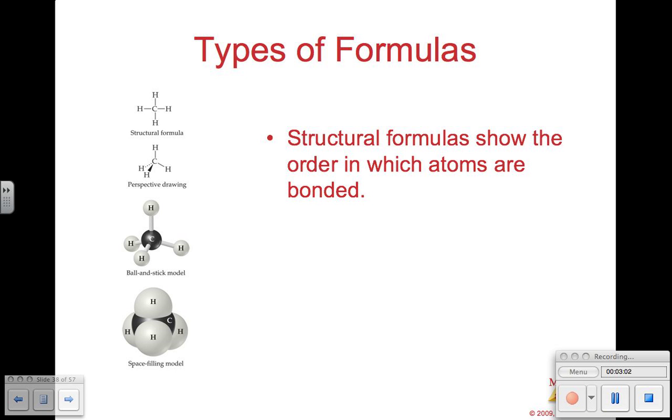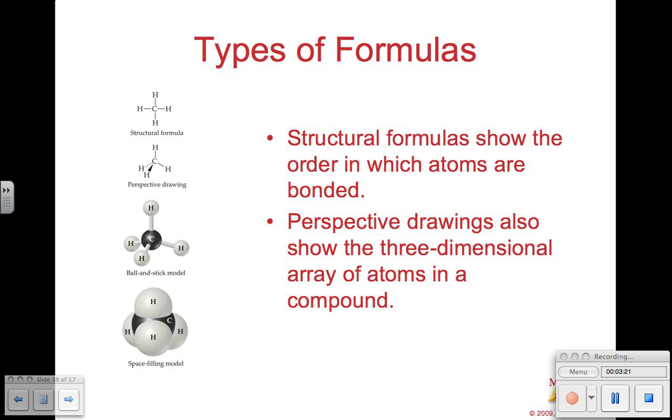All right, when we talk about types of formulas, there are different ways that we represent them. So you've got structural formula, you've got perspective drawing, where you draw some of the bonds within the plane of the paper and some going back behind and some coming out front, trying to represent the three-dimensional structure of a formula.